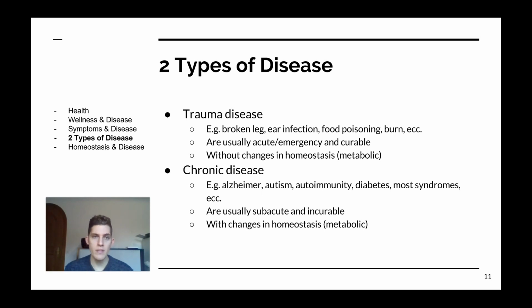These are usually subacute, so they are usually not life-threatening in the short term, and they are usually considered incurable. This type of disease is associated with the change of homeostasis, which simply means a new and less healthy equilibrium is established in the body. I think this slide should be enough to help you understand if a disease is a trauma disease or a chronic disease.